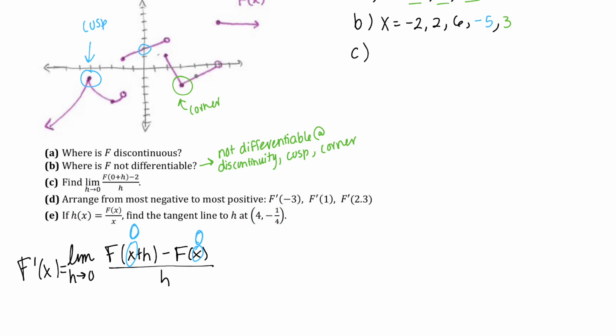So this would be the same thing as f of 0 plus h minus f of 0, which is 2, over h, with the limit part here, which is what's being asked for. So this x right here is actually a 0.